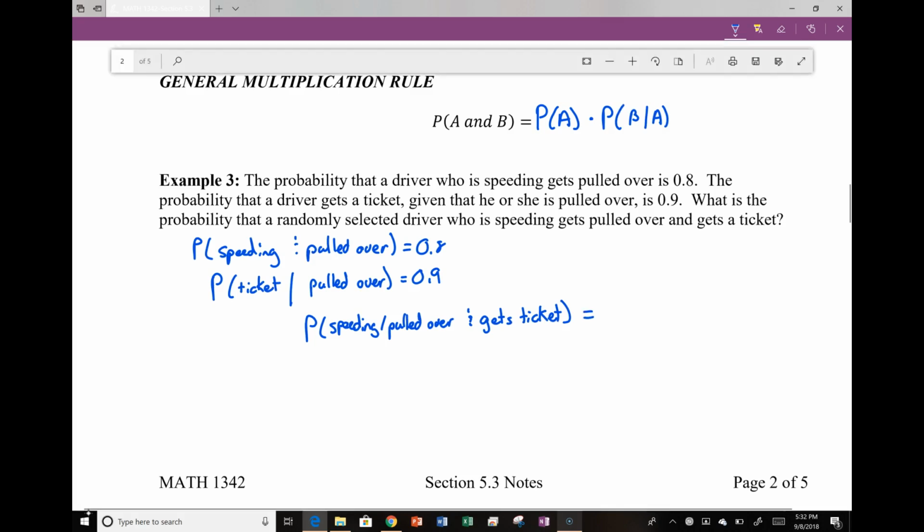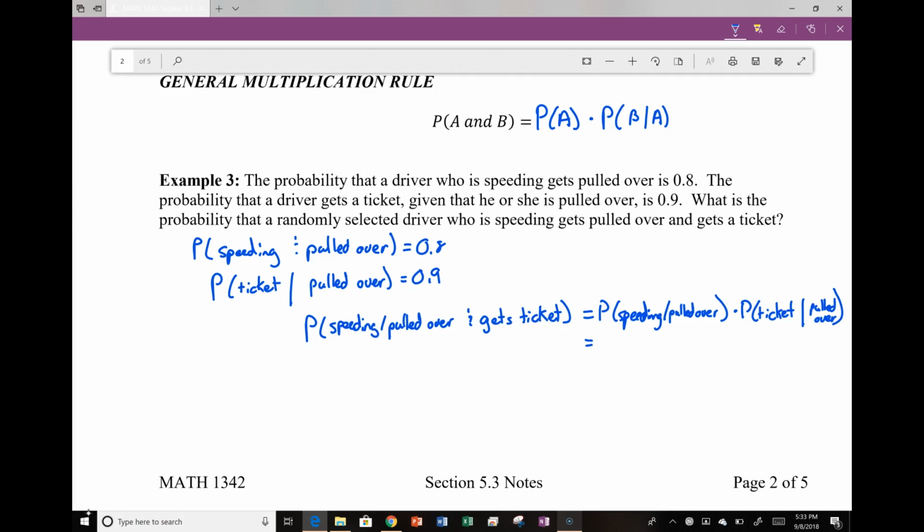So we have the probability of speeding with a ticket, or I'm sorry, with pulled over. So the probability that they get pulled over. And we're going to multiply that by the probability of receiving a ticket given they are pulled over. So ticket given pulled over.